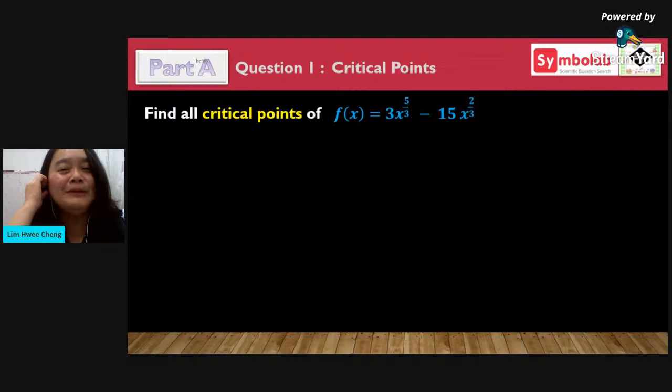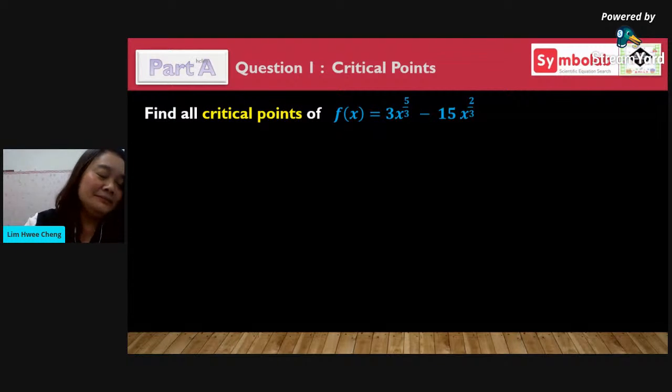Can someone from Google Meet explain a bit? Critical point occurs when? When dy/dx equals 0.